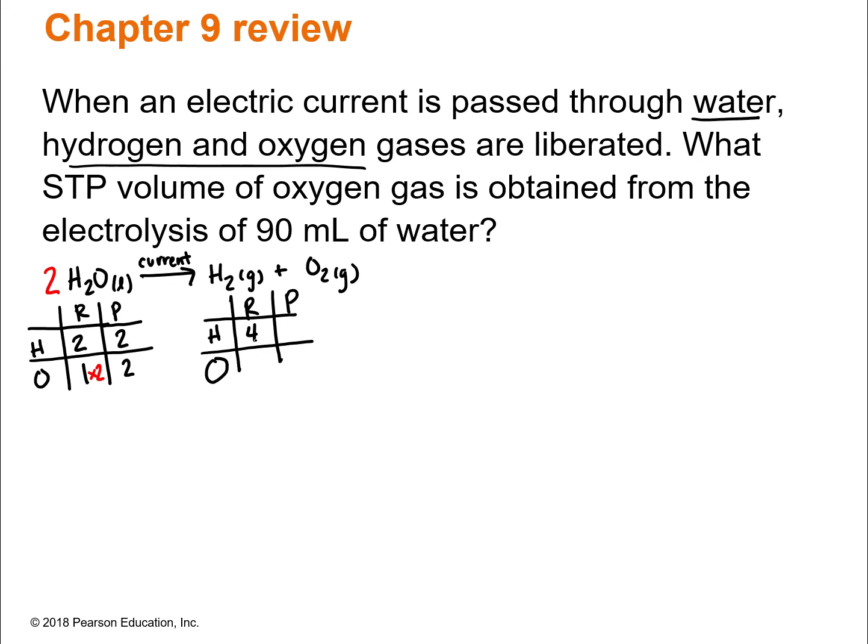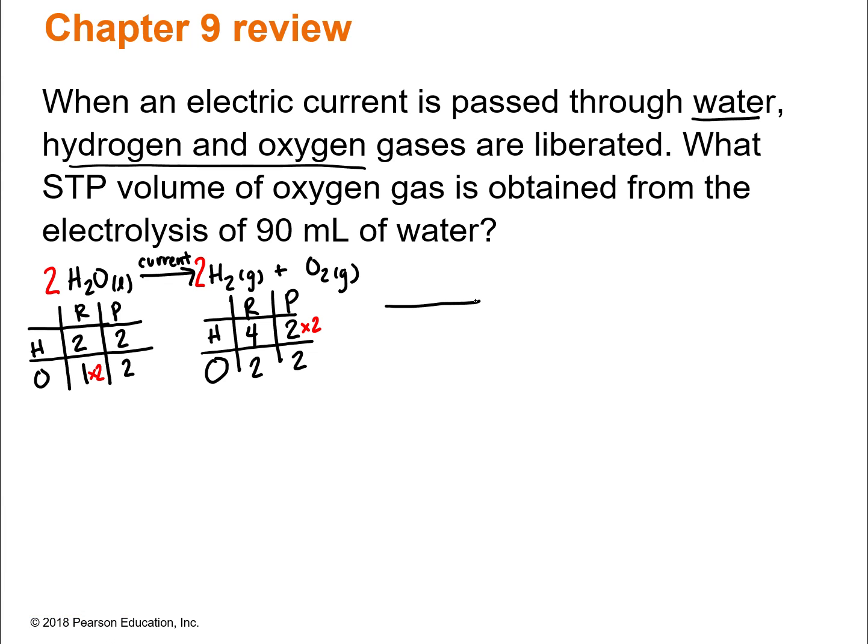Now we've got 4 hydrogens and 2 oxygens on the reactant side, and still the same 2 and 2 on the product side. Multiply by 2 in front of the hydrogen gas, and we should be all balanced.